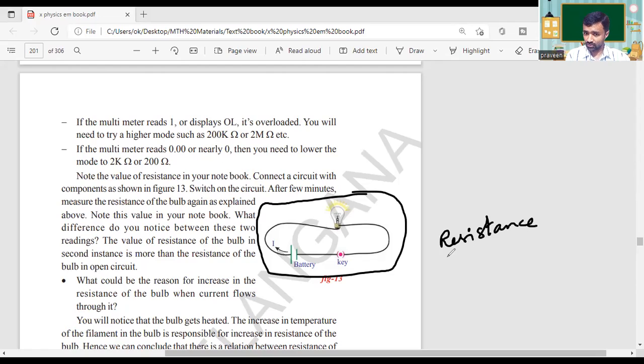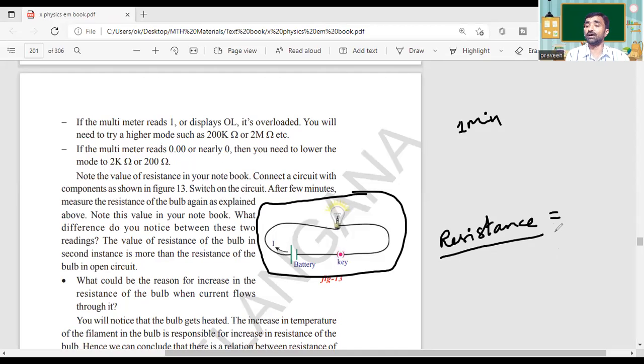Okay. So the resistance of the bulb while it is glowing, you need to verify, right? For every 1 minute, you need to verify that resistance. So you will take at least 2-3 measurements, right?